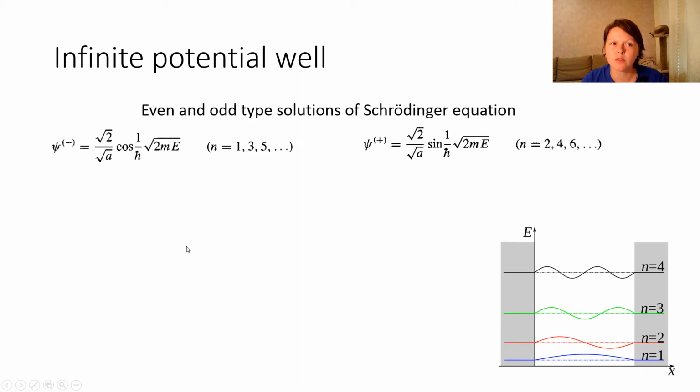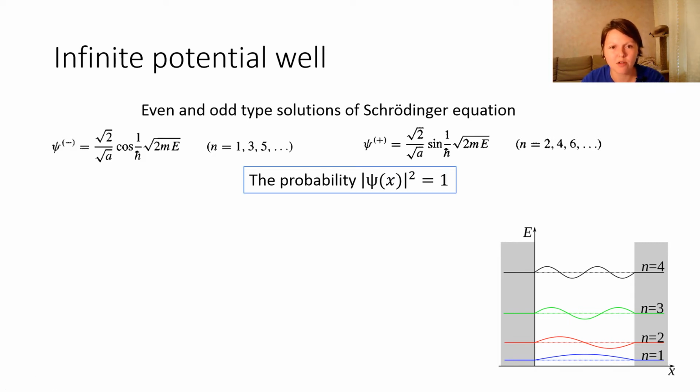What else about the infinite potential well? The Schrödinger equation that I presented in the first slide has different types of solutions, even and odd type. This is connected with the even and odd value of the principal quantum number.